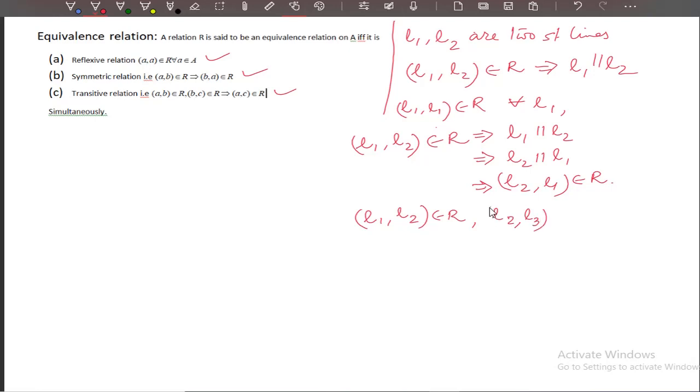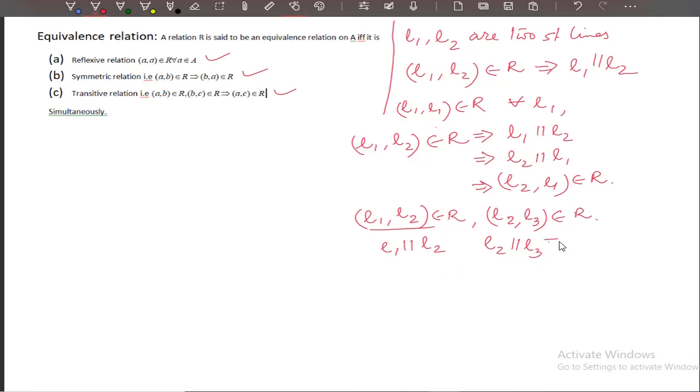L2, L3 are related. What does it mean? This means L1 is parallel to L2 and L2 is parallel to L3.